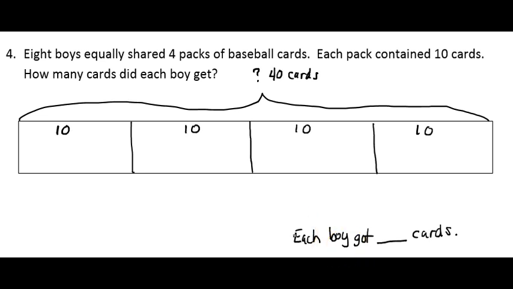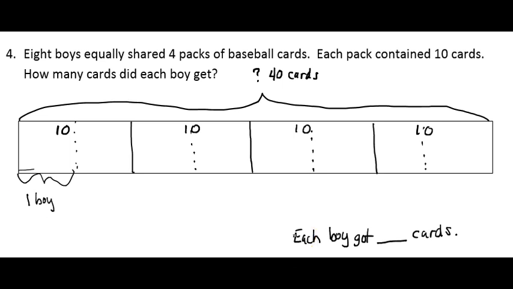Well, there's 8 boys, and I have 4 sections. So what I really need to do is divide these sections in 2. That gives me 8 sections. One of these units then tells me how much one boy gets.